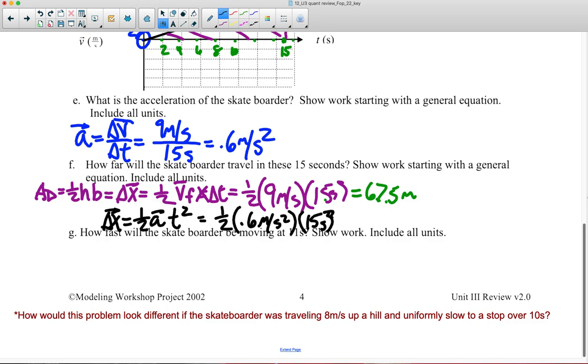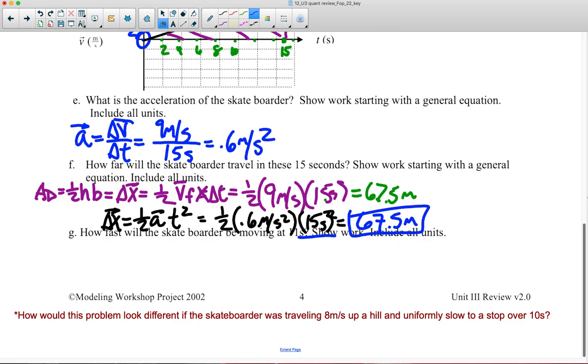Order of operations, we wanted to square 15 seconds first, and 15 times 15 is 225. And you multiply that by 1/2, you multiply that by 0.6, and you still get 67.5 meters. So you get the same answer either way.